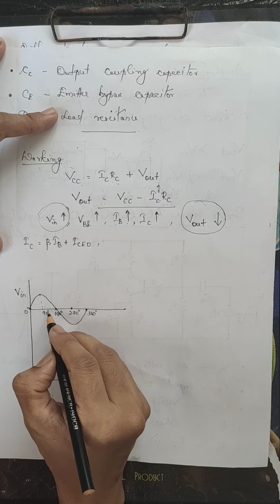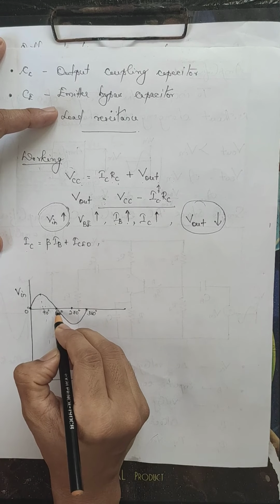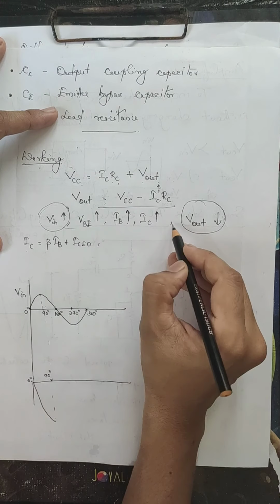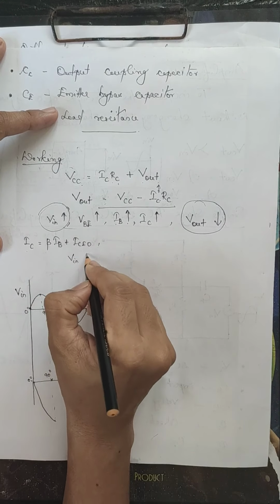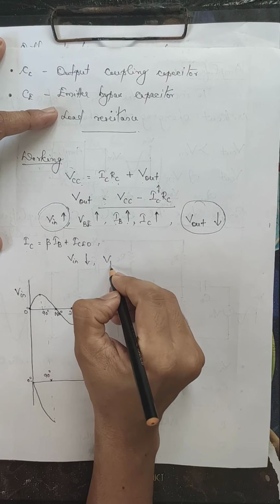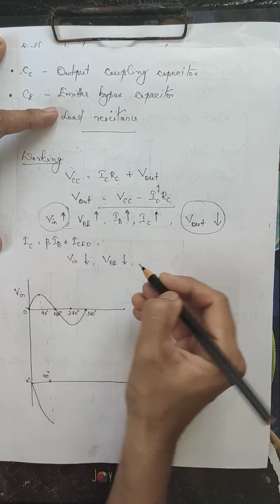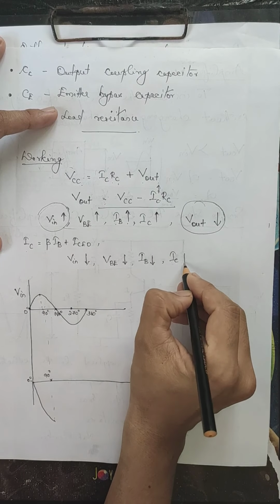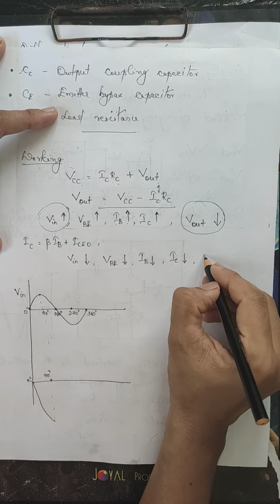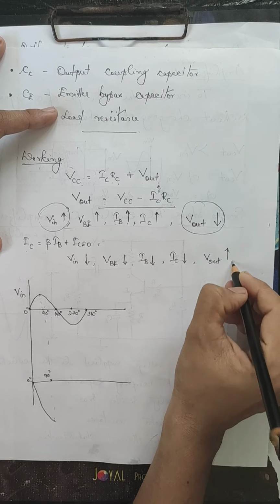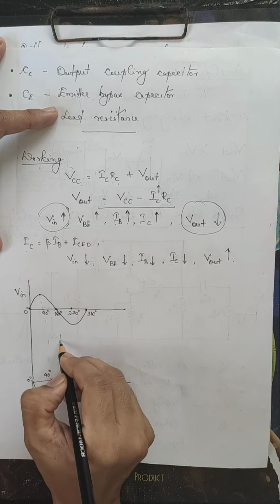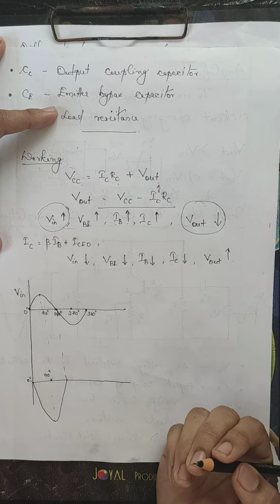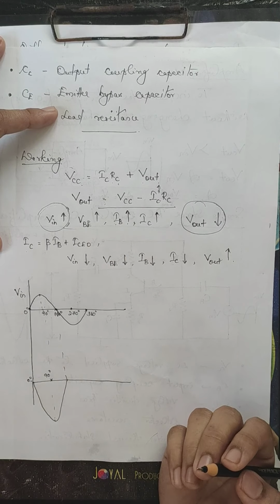So now consider the interval between 90 degree and 180 degree. Here input voltage is decreasing. So the reverse will happen. When input voltage decreases, VBE will decrease. So IB will decrease, IC will decrease, and when IC decreases, Vout will increase. So output voltage should increase. So this is how the output voltage will appear across the load resistor RL.